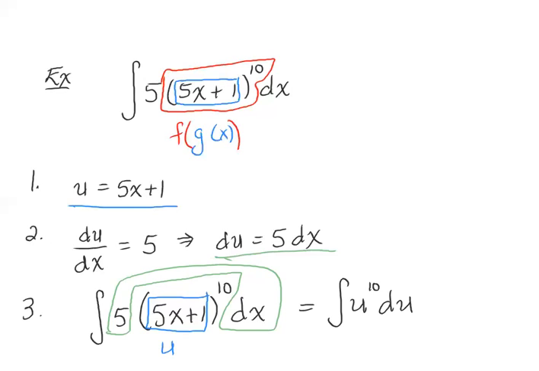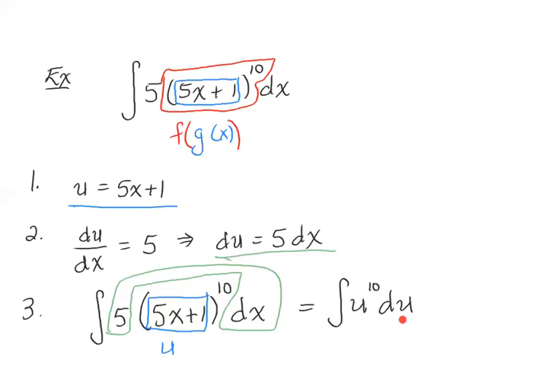Okay? And at this point, I have to look at it and go, well, can I integrate? It appears that I have rewritten this completely in terms of u. There are no x's left. And I do have a rule for anti-differentiation that allows me to find that indefinite integral.